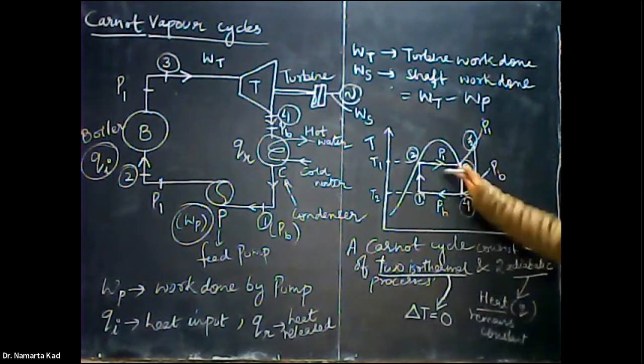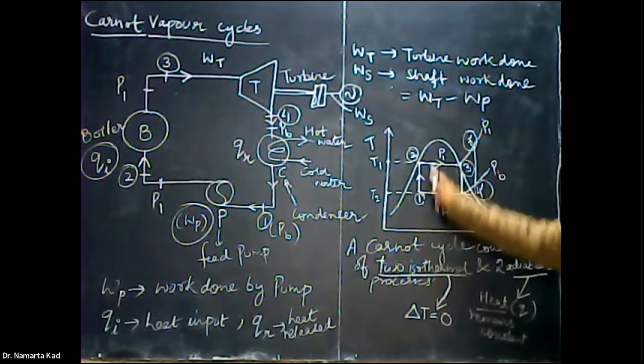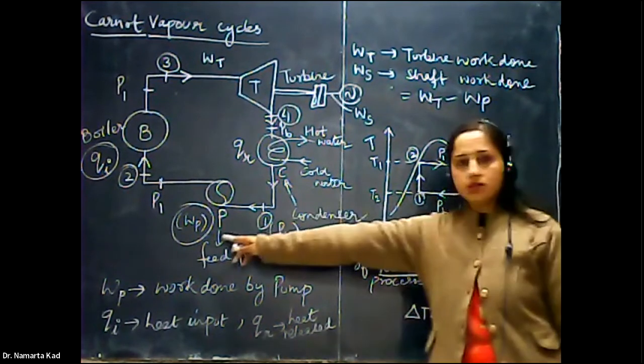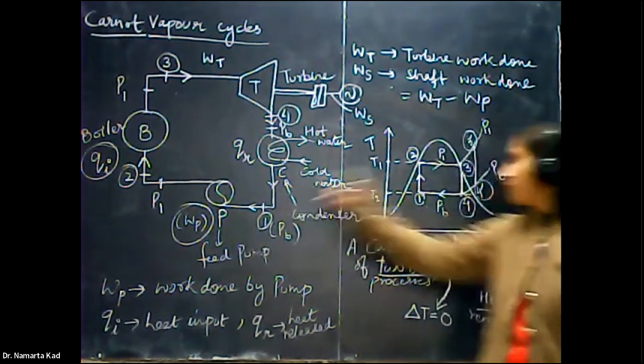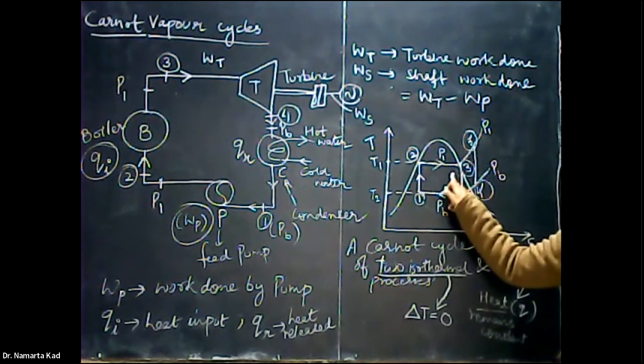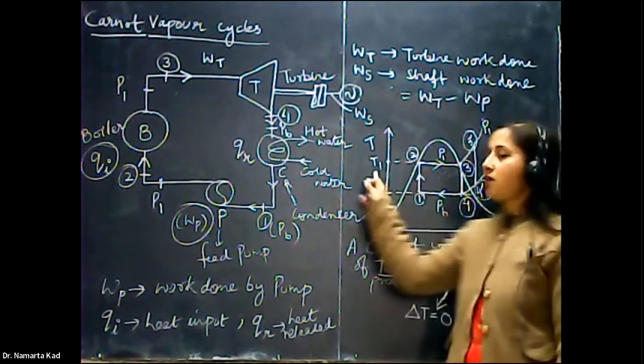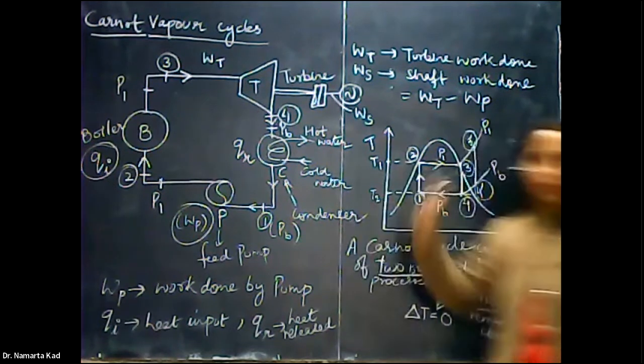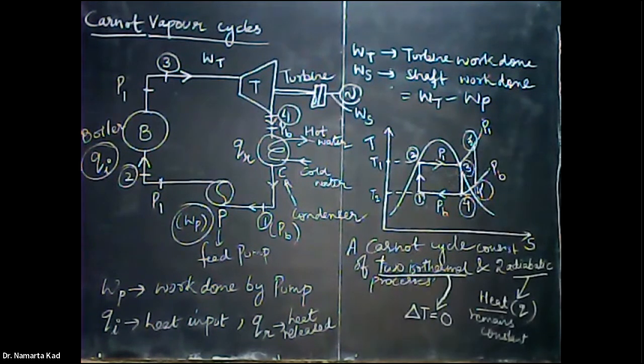In process 1-2, work is done by the pump. In 2-3, heat is absorbed by the boiler isothermally at the constant temperature T1. Steam being in the vapor state, its temperature T1 and pressure P1 remain constant.